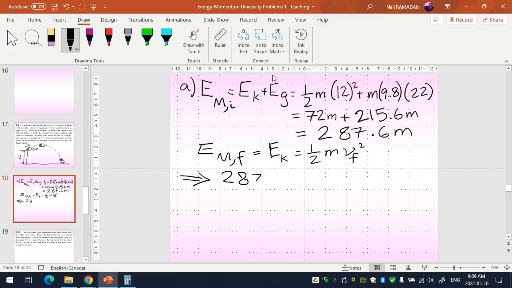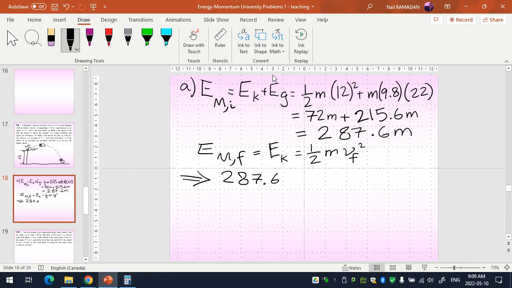287. Yes. Go ahead. 100%. Again, if this sinks in, trust me, you will never have a problem with energy conservation until you finish all the physics you ever studied. What's your question? Which line? The third one? Okay. You agree that EM initial was a combination of both motion and elevation, right?